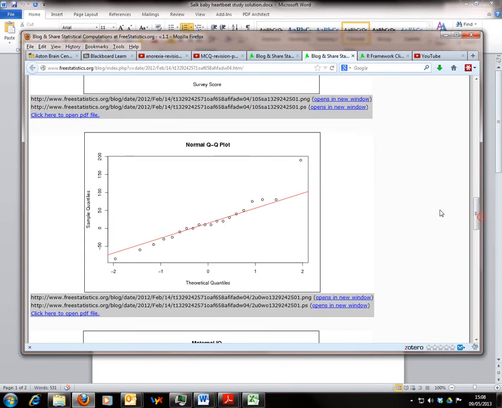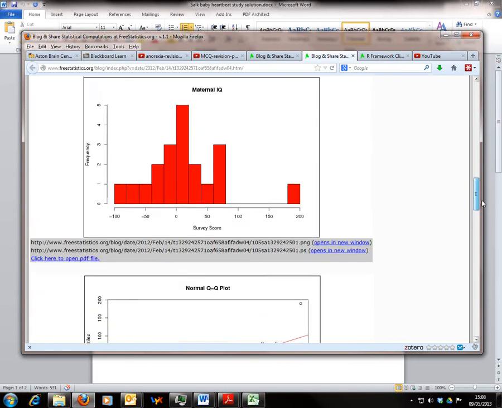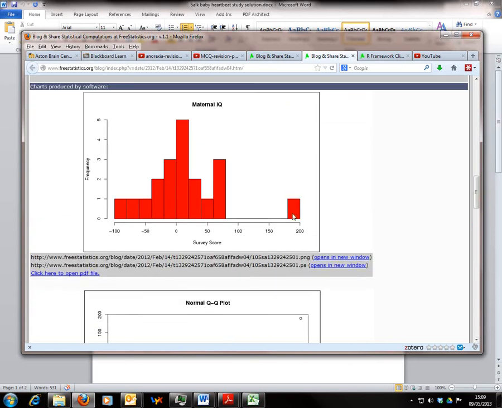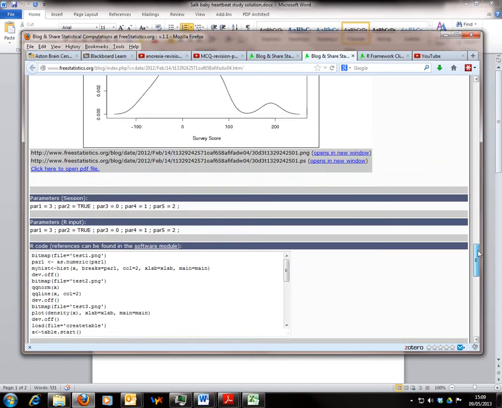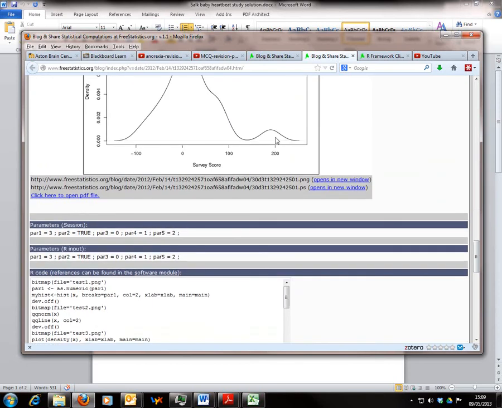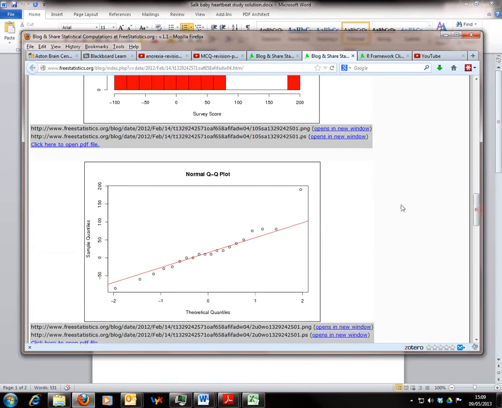Now, to me, looking at the QQ plot, these dots should all be clustered along this line if the data is distributed normally. And there seems to be one outlier, and that's confirmed by the histogram, this one at the end here, sitting on its own, and also by the density plot. So there's a question there as to whether there's an outlier. Perhaps if that was removed, this would be a normally distributed sample.